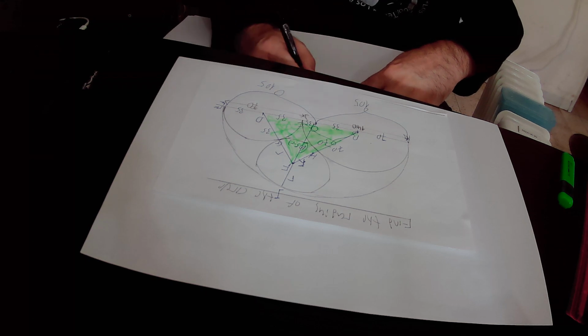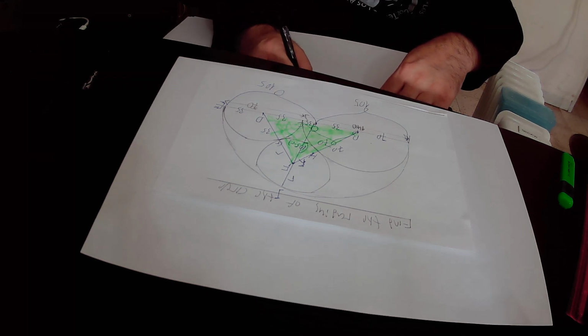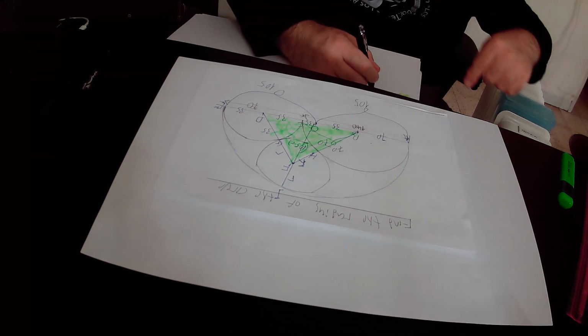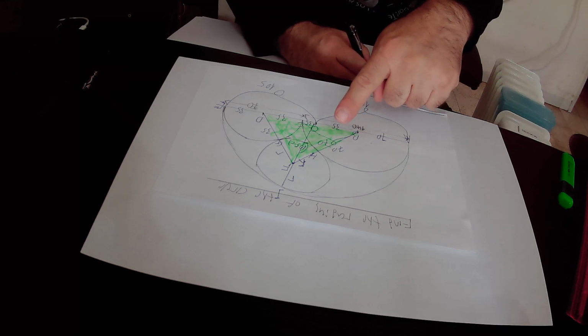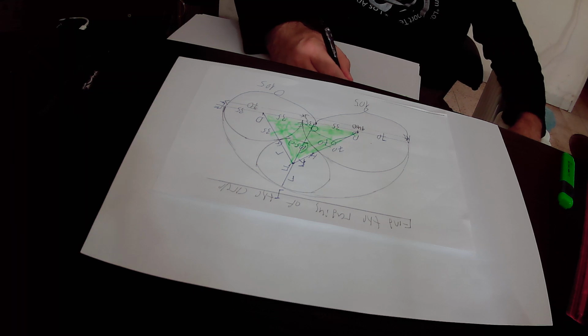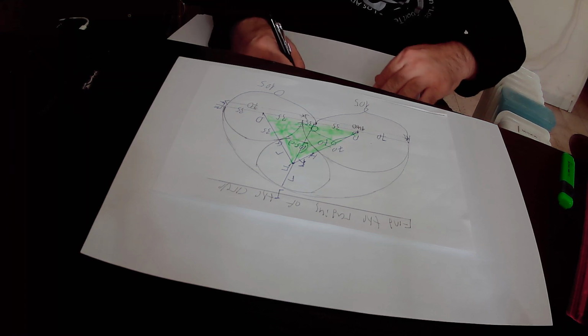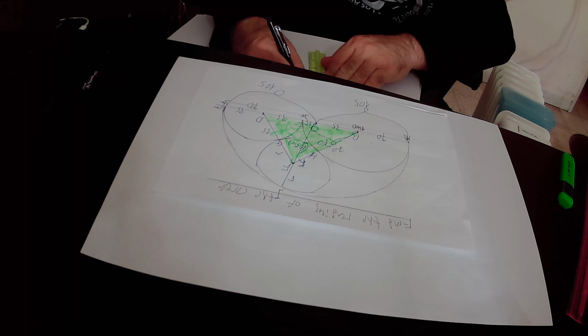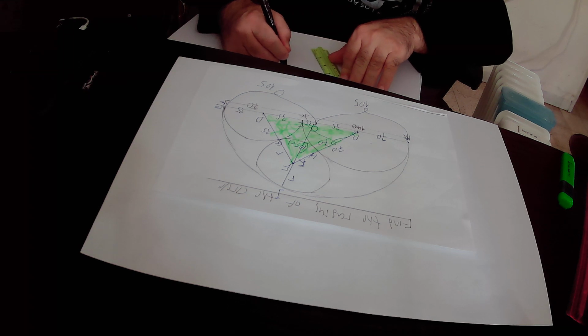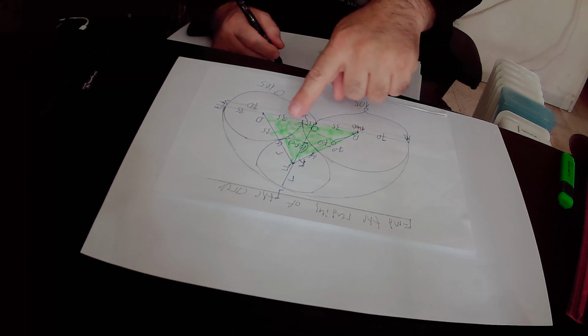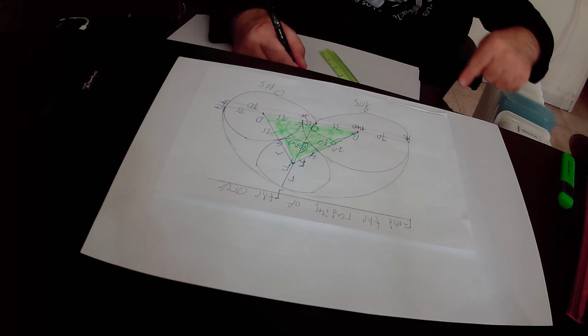Side FB equals 70 plus R units. Side FD equals 35 plus R units.